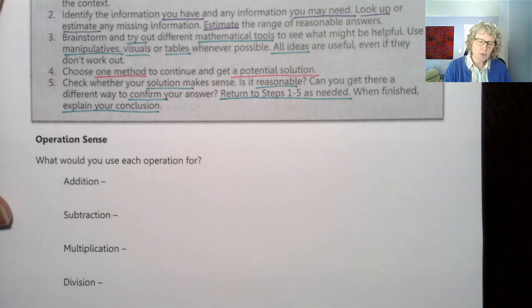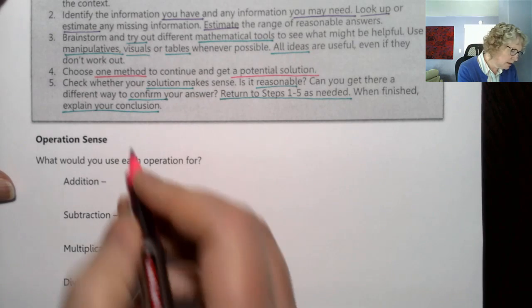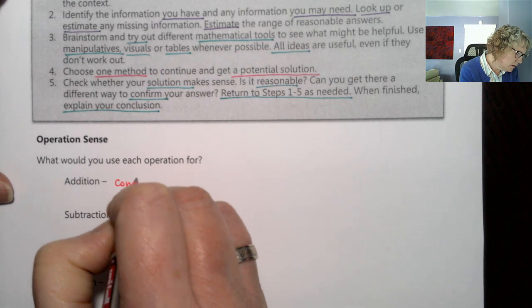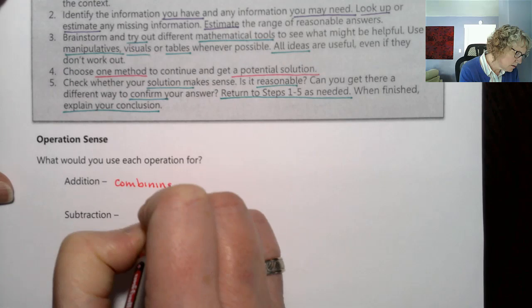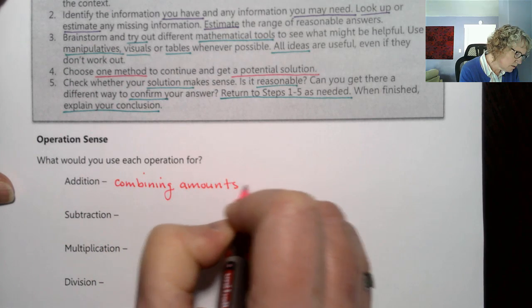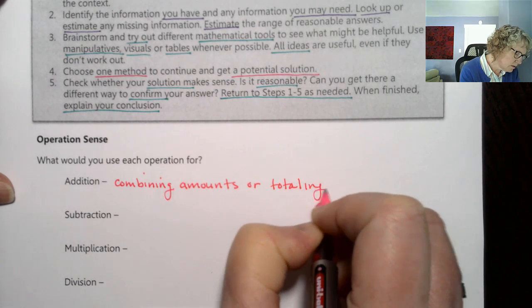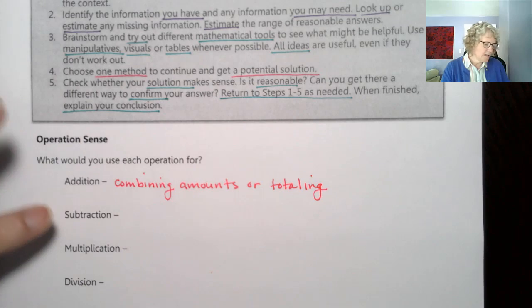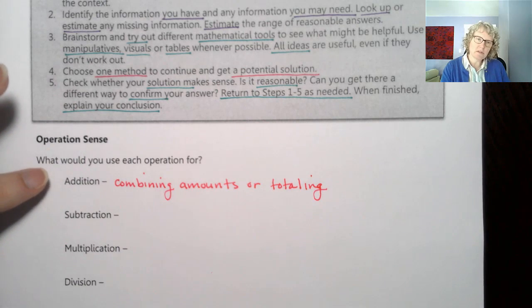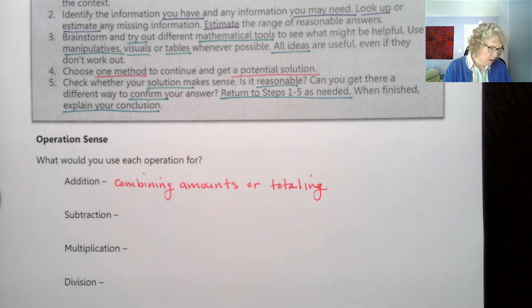Addition is often used for totaling things, right? If you're combining things or totaling, I'll say combining amounts or totaling. And in the free online textbook, there's a list of words associated with each one of these, so check that out as well. That can help a lot.